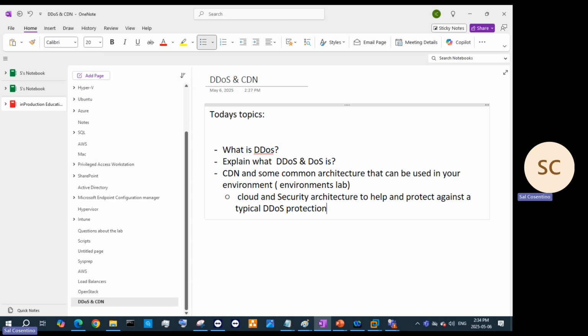So we talk about protection against a typical DDoS attack. This is from an attacker that is on a server or client device, whatever device it is.